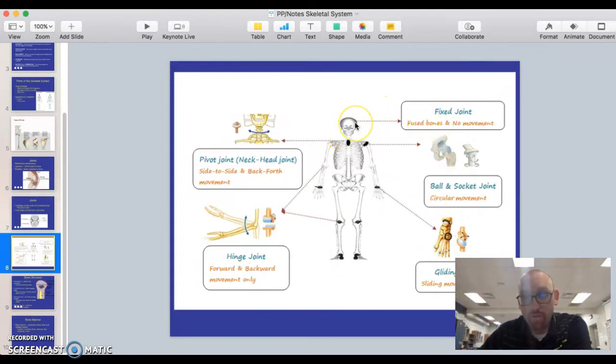You have fixed joints, believe it or not. It's still considered a joint because it's where 2 bones meet, but the most known fixed joints are the fused bones in your skull. They don't move. It's just where they come together, and then your body will actually produce fibers that almost glue and hold them together for that protection of the skull. You have some of these fixed joints in some other parts of your body.